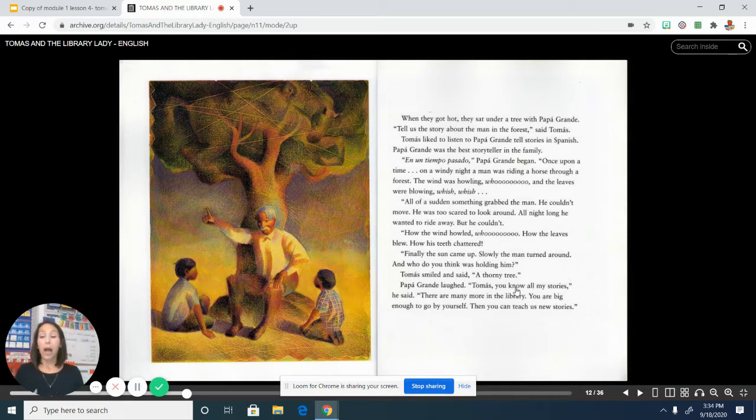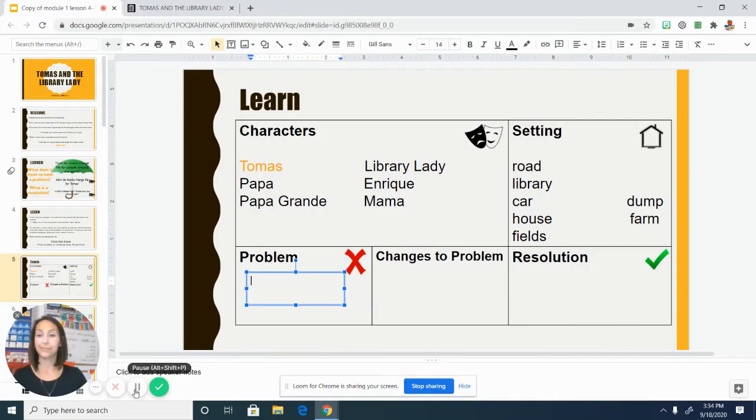So I'm thinking and thinking about what happens in the story, and I'm thinking that this is really the problem, right? That he knows all of Papa Grande's stories. So we're going to go back and update our story map with this problem.